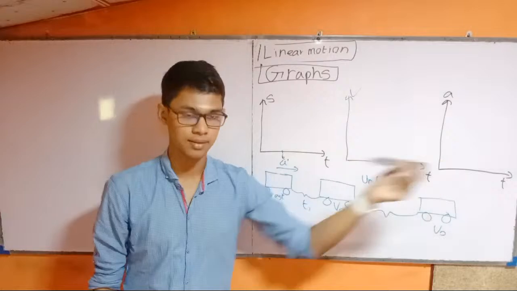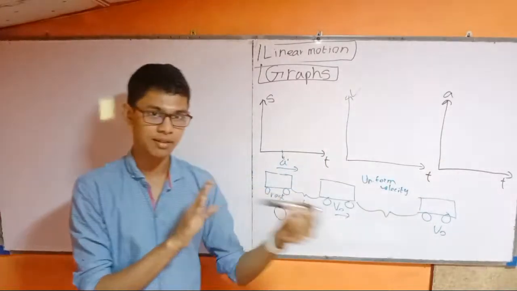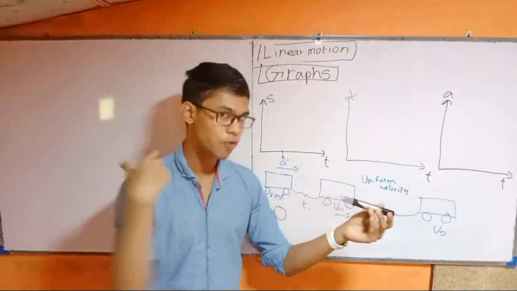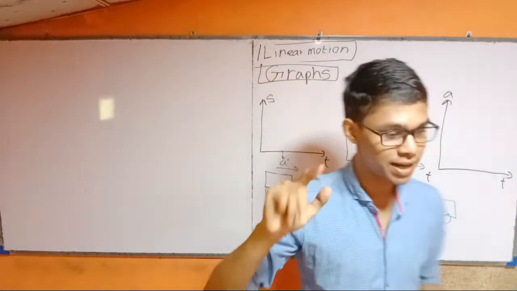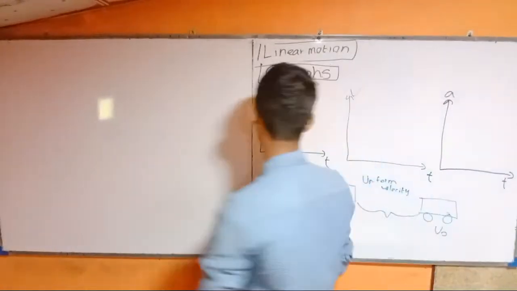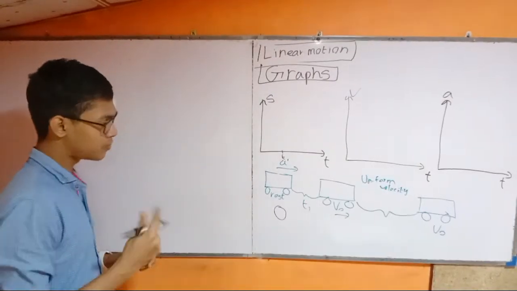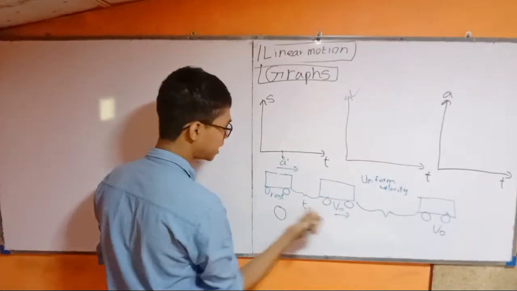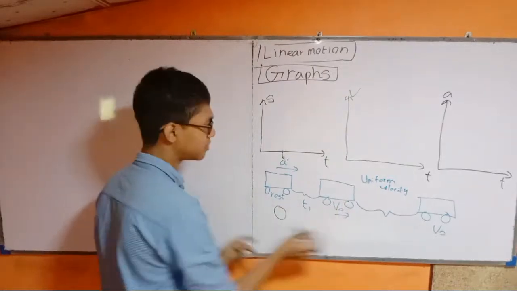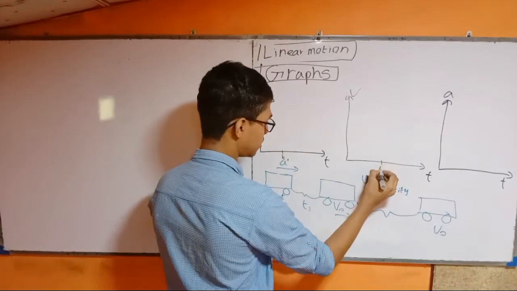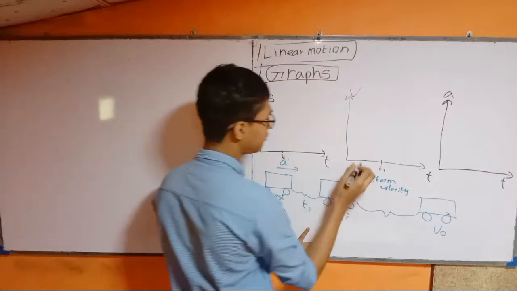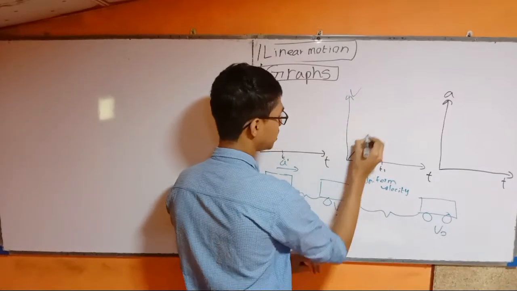The velocity increases with time, and the rate of change of velocity increases. What's the rate of change of velocity? Rate of change of velocity is acceleration. So from here to here, velocity increases with uniform acceleration. So that comes like this.